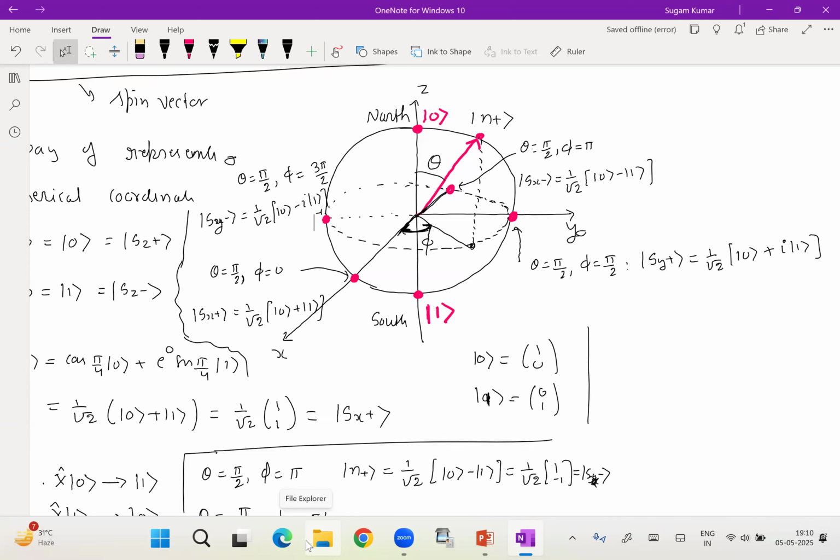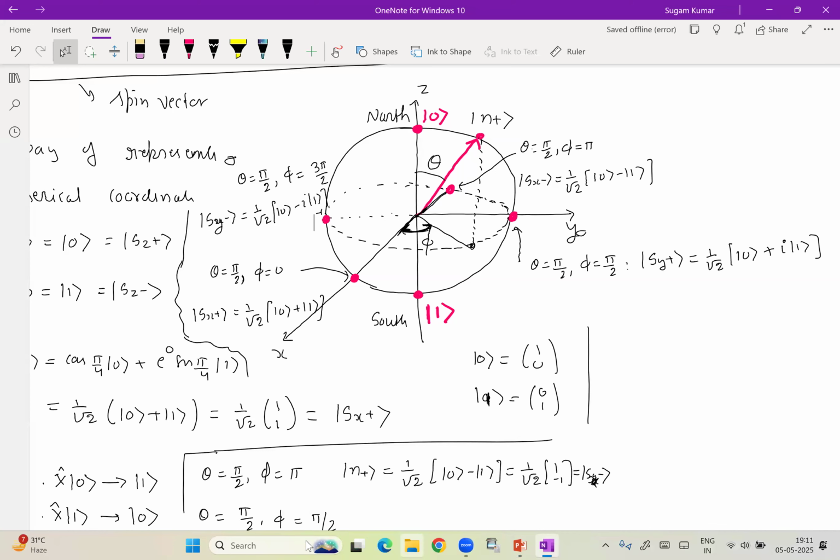Okay, if no further question, then I can share something with you. So this was the basics of our quantum mechanics, and this is the part we have done very well. And from now we are going to move into the quantum computing part. Okay, just a minute.